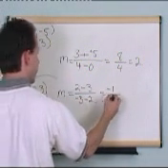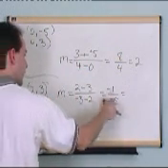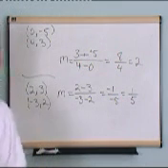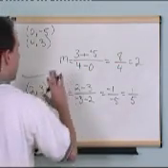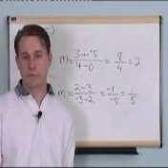Negative 3 minus 2 is negative 5. So when you do this, negative over negative is always positive, so you just get 1 over 5. Most of the time, when you find the slope of something, it's going to be a fraction.